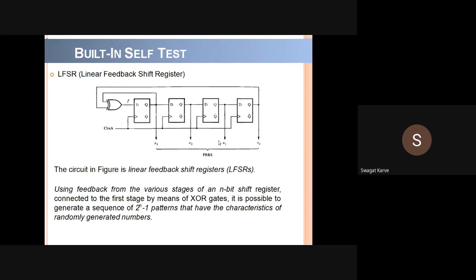For example, if a circuit follows the superposition theorem, you can say it's a linear circuit. Now, in the case of digital systems, how can you say whether a particular digital system is linear or not? Can anyone tell? How can you identify the linearity of a digital circuit?